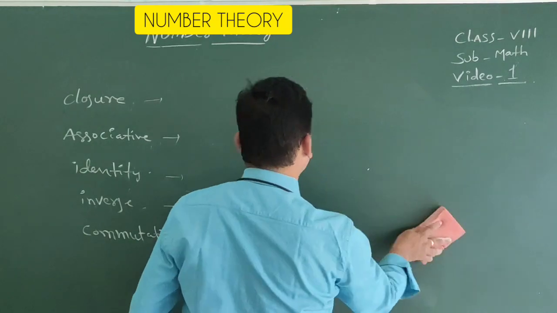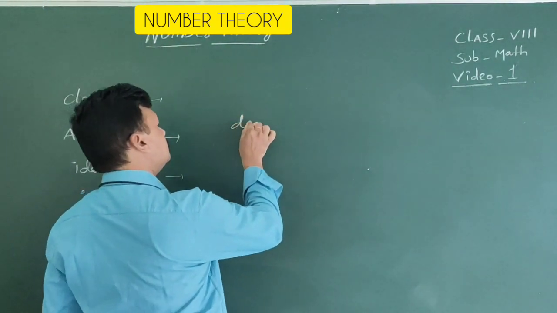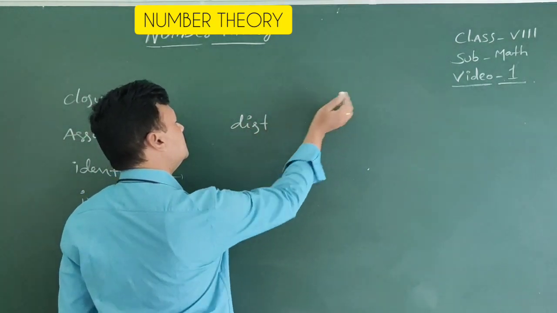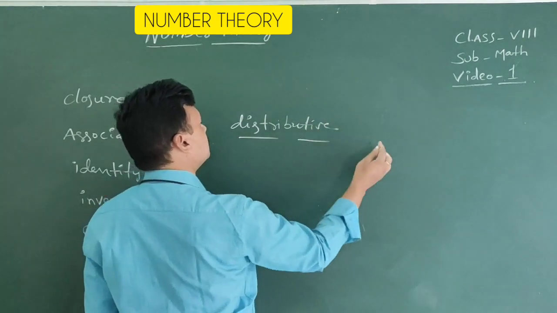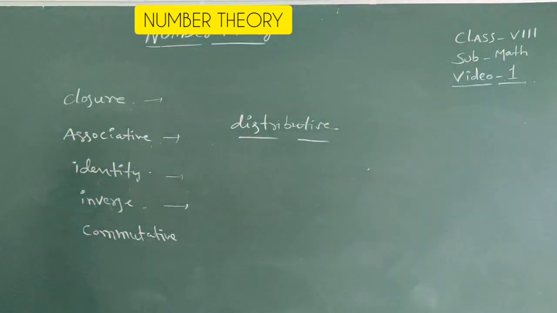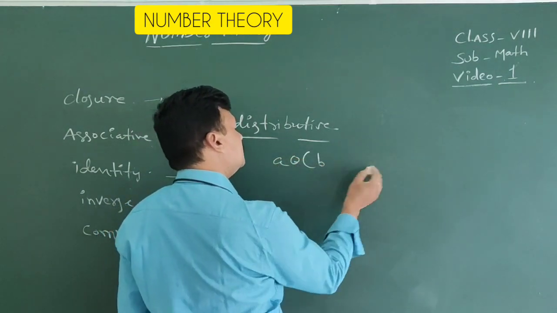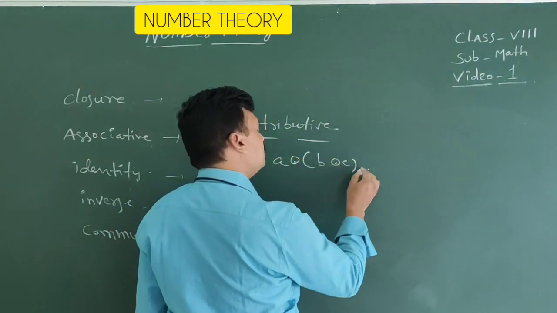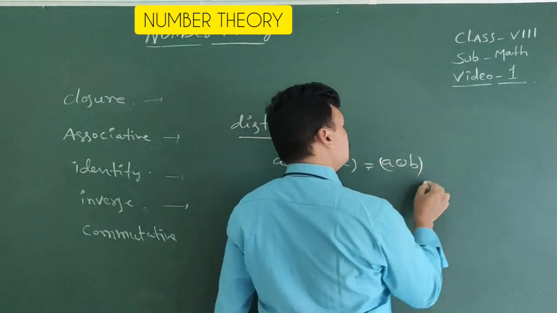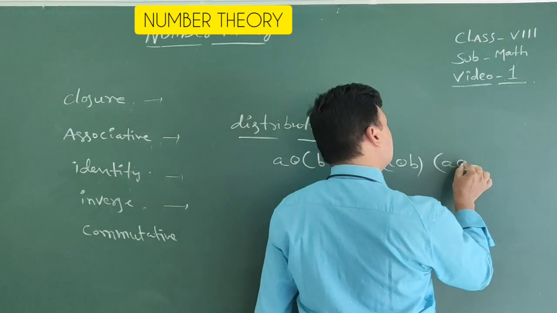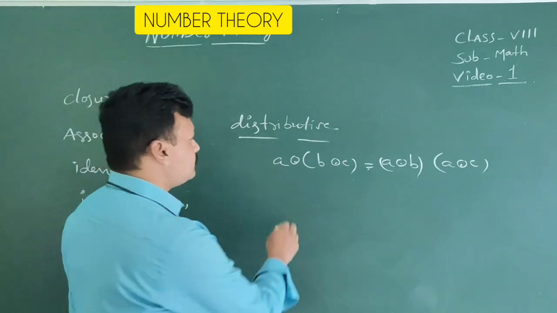Next, distributive property. Distributive means a of b plus c.